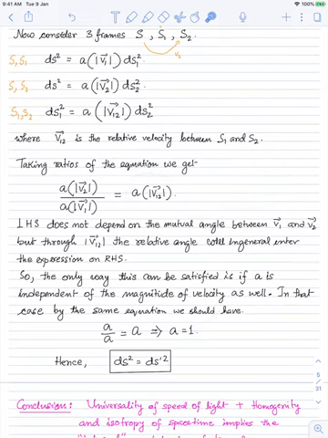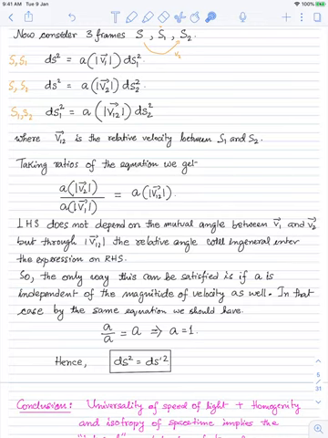And if A is equal to 1, then it immediately follows that the intervals in both the S and S prime frame, where the two frames are moving with respect to each other with velocity v, the infinitesimal intervals, must be the same in both the frames.